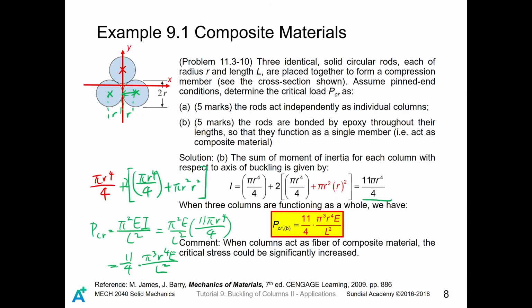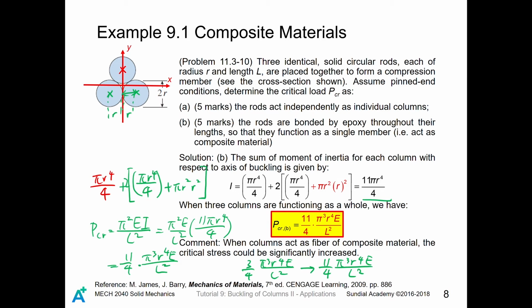While for the second case, the critical load suddenly becomes 11/4 of π³ r⁴ E divided by L². So it goes from 3/4 to 11/4, and the critical load has increased significantly.